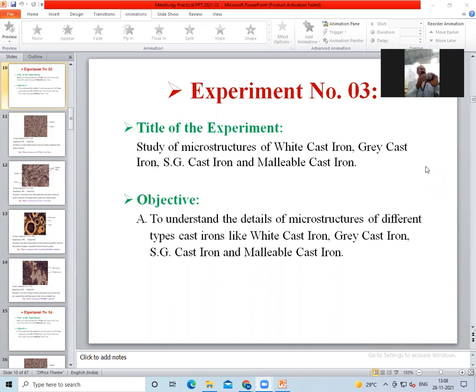Because some operations need to be carried out in our CNC or VMC machine. Before this, we have to check the microstructure and hardness of this material. Why are we going to check the microstructure and hardness?